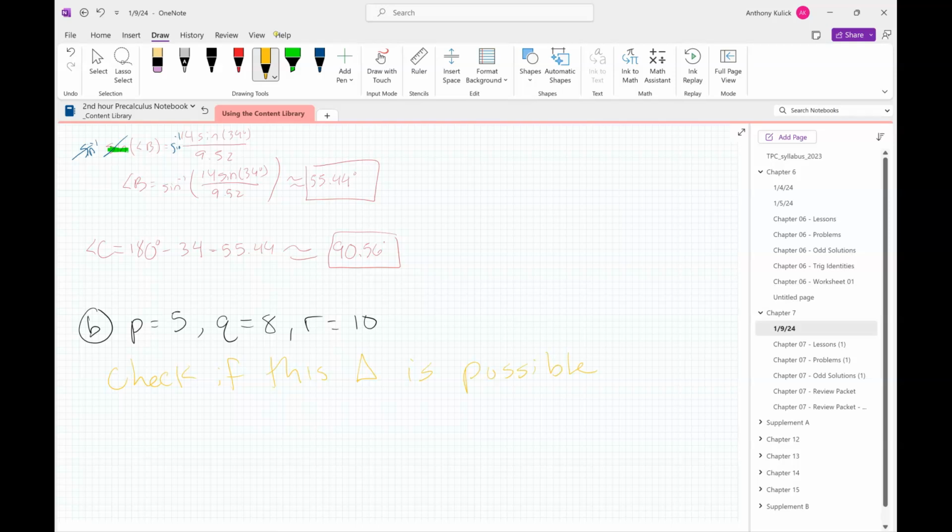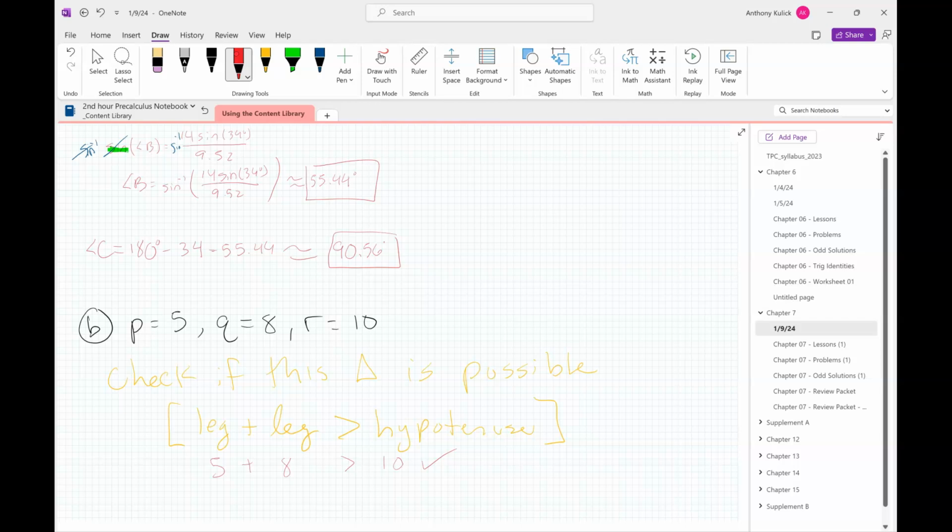Do you guys remember how to check if a triangle is possible from side lengths, from geometry? Leg plus leg must be greater than the hypotenuse. That's our check. So for our problem, 5 plus 8, is that greater than 10? You betcha. So this problem is possible.